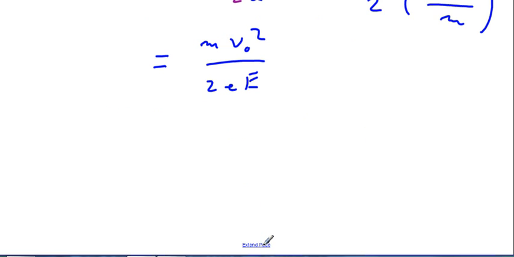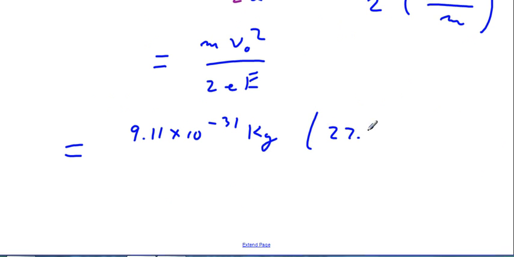And so I put all those things in my calculator. Mass of the electron, 9.11 times 10 to the minus 31 kilograms. My velocity, 27.5 times 10 to the 6 meters per second.